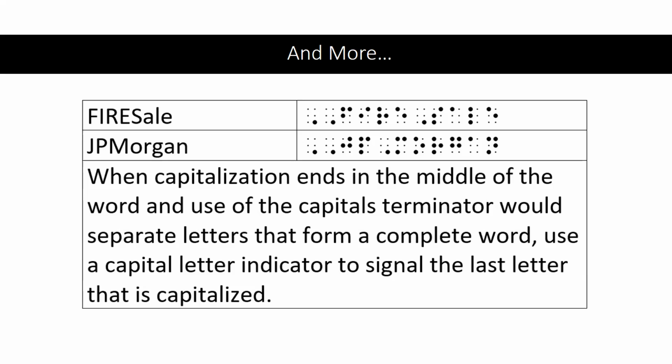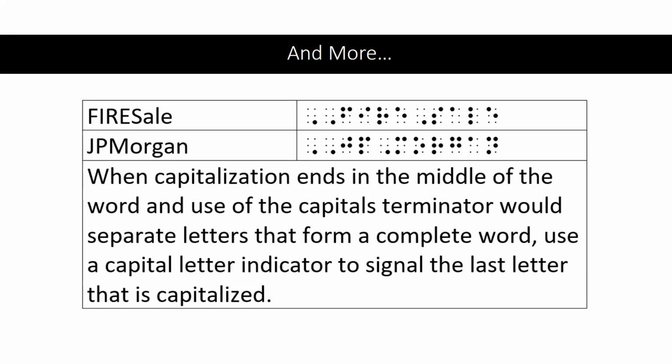It's the same thing with JP Morgan. That would also be very difficult to read and understand, so we just used a single capital in front of the last letter. So you could use a single cap as a terminator, but you wouldn't use a single capital at the end. You would use the terminator at the end.